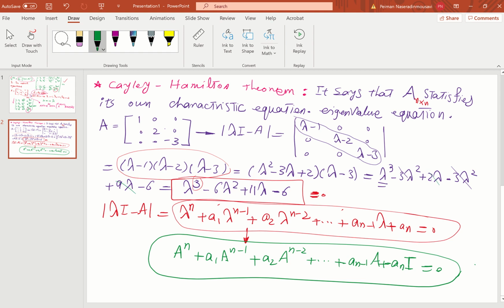So for this example, you can say A cube minus 6 A square plus 11 A minus 6 I is 0. No doubt, try it on MATLAB, that is valid.